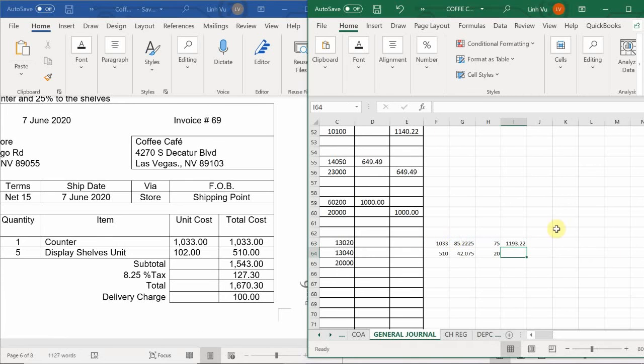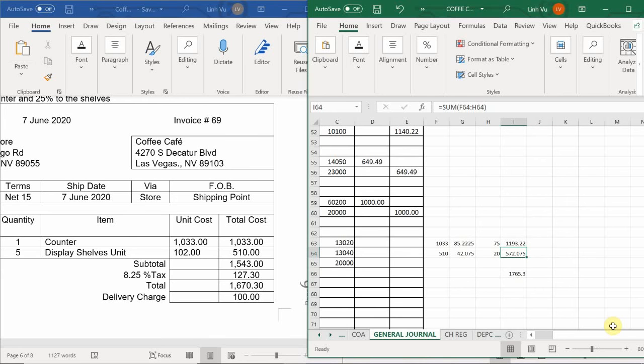Okay. And I'm gonna go ahead and add these numbers up. All right, let's see. In this case, we have 22, and we're gonna have to round this up, right?